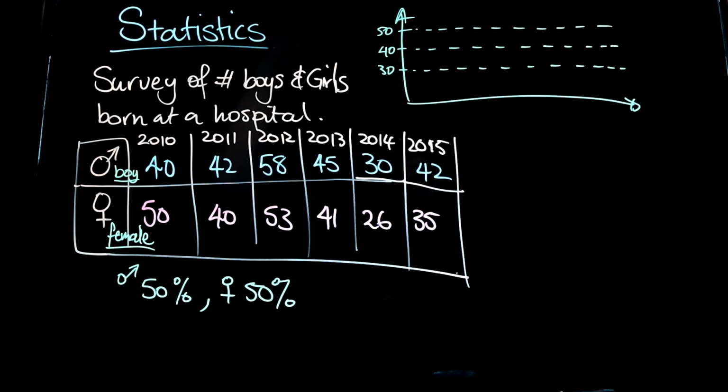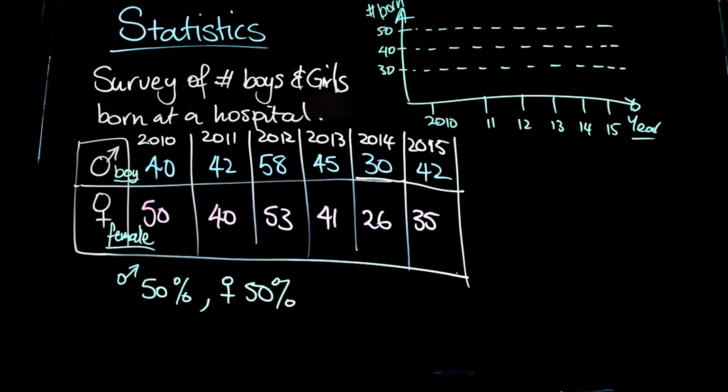Maybe I need to label my axis: year, and number born might be a good way to do that. 2010, 2011, 12, 13, 14 and 15 would be my quick little sketch.